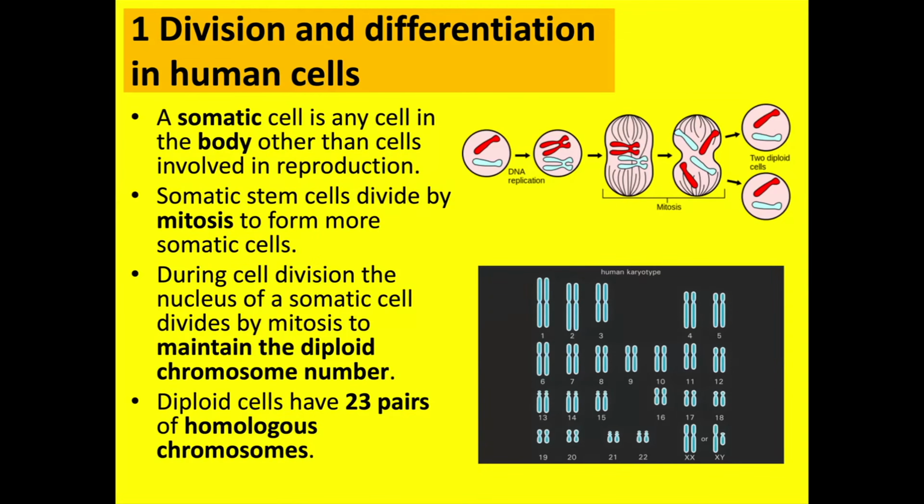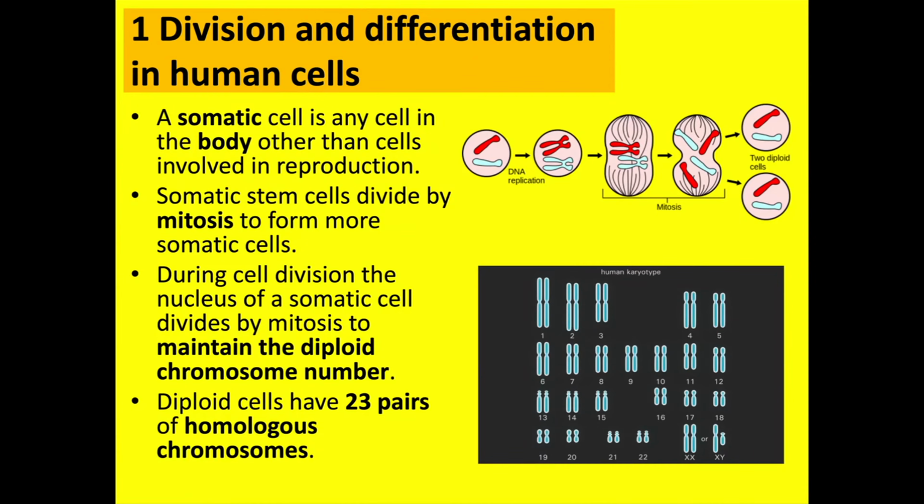Okay, in humans, because we're obviously focusing primarily on humans in this course, it's going to be 46 chromosomes, but those 46 chromosomes are arranged in 23 pairs. And we can see from this diagram at the bottom here that arrangement. We get 23 pairs, and we call them homologous chromosomes because if you look at each pairing, you'll see that each chromosome looks very similar to the other one in the pairing.